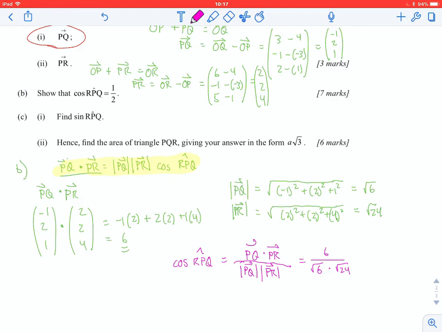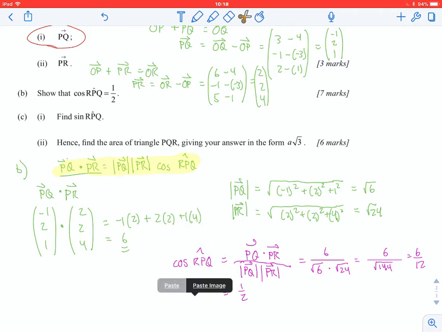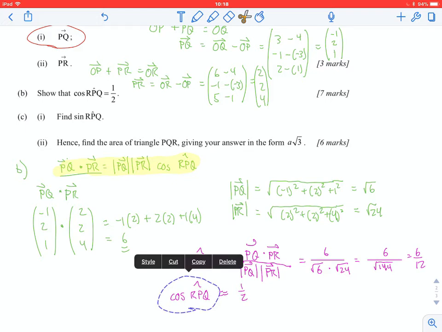We can simplify that radical: 6 times 24 is 144, so this is 6 over 12, which is cosine of RPQ equal to 1/2. And that's what this question is asking us to prove. So we've finished this part. We were asked to show that cosine of RPQ is 1/2.